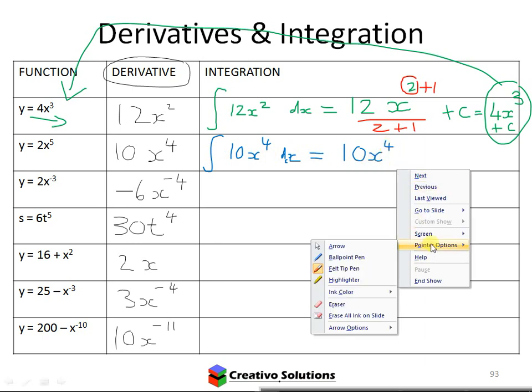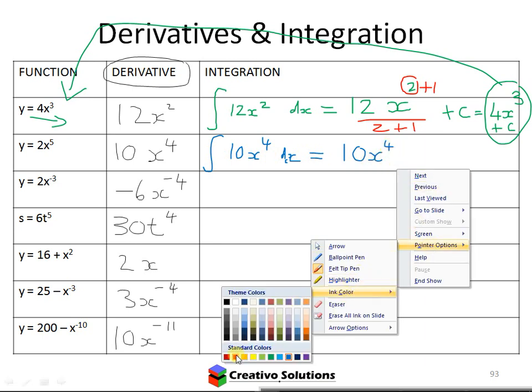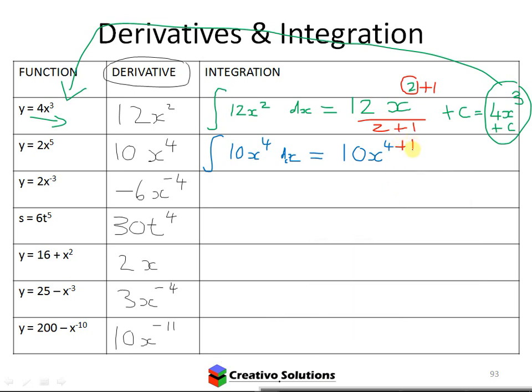Then I need to add 1 to the top and divide by the 4 plus 1. 4 plus 1 is 5. 10 divided by 5 is 2. x to the 4 plus 1 is 5, plus c.